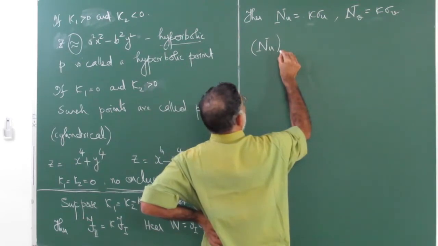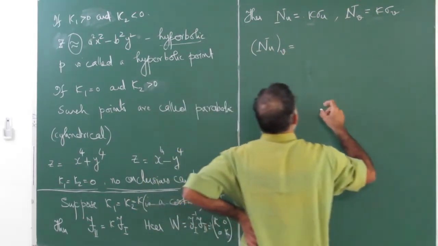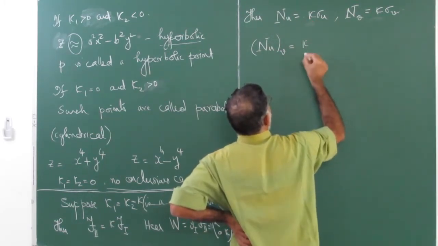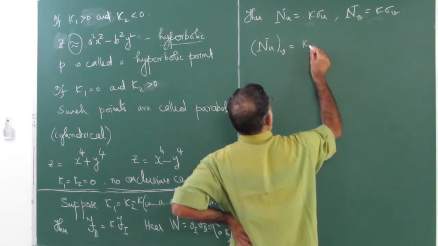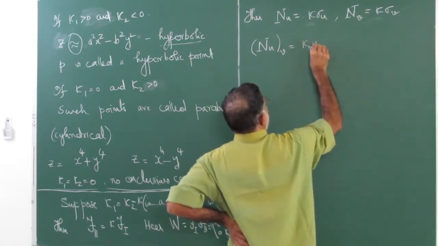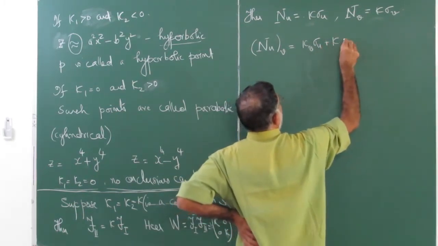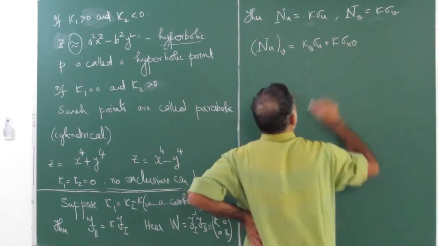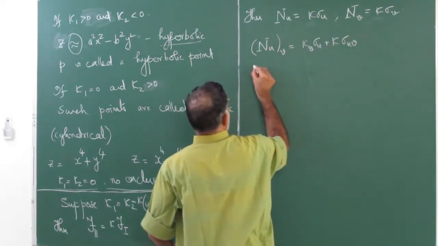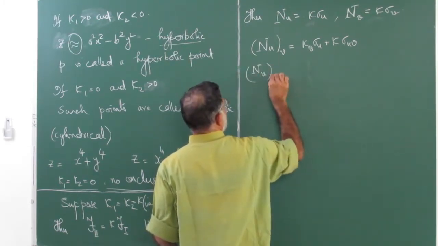So N_u, differentiate this with respect to v. What do you get? It will be kappa_v sigma_u plus kappa sigma_uv, right? Now we do the other way, that is N_vu.